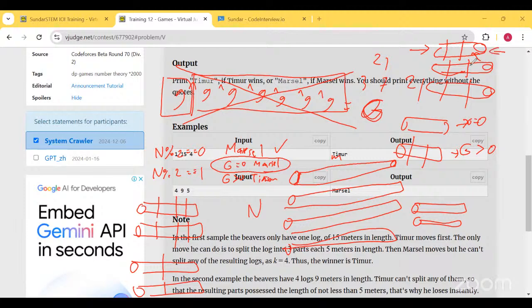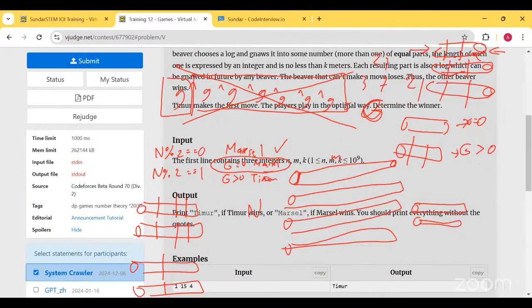Yes, I think it can always be done. So the second player will win the game. Okay. Is there any question for this problem?